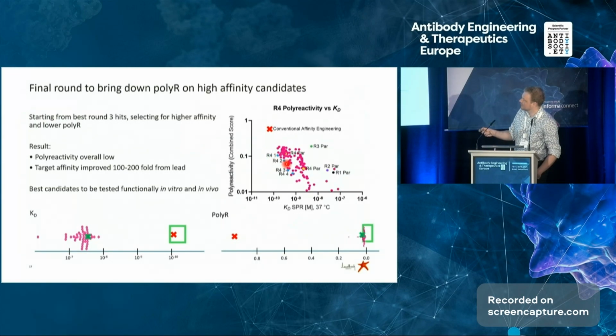So here we managed to identify 4 candidates that are really looking good on affinity and have acceptable polyreactivity profiles. And if we look across the different dimensions down here, again, we have the round 1 plotted already, and then we have the round 2 that didn't do much to the affinity.